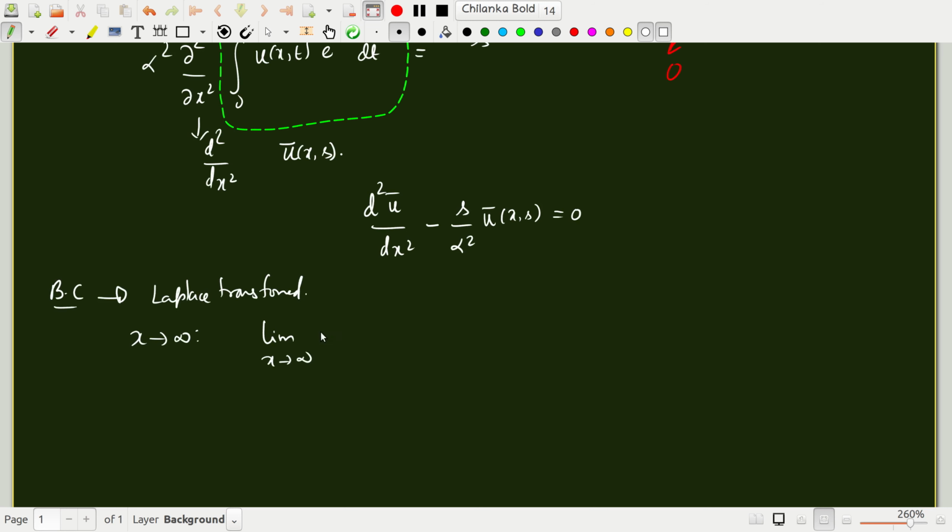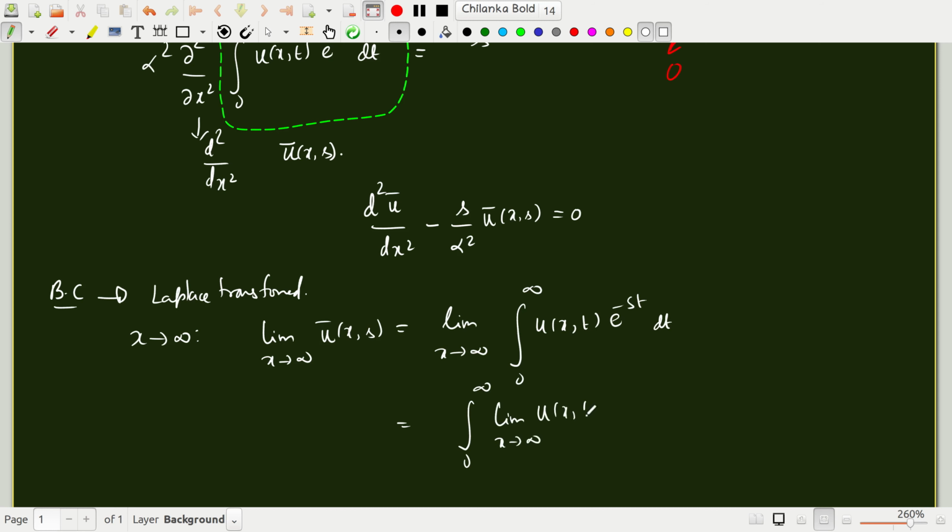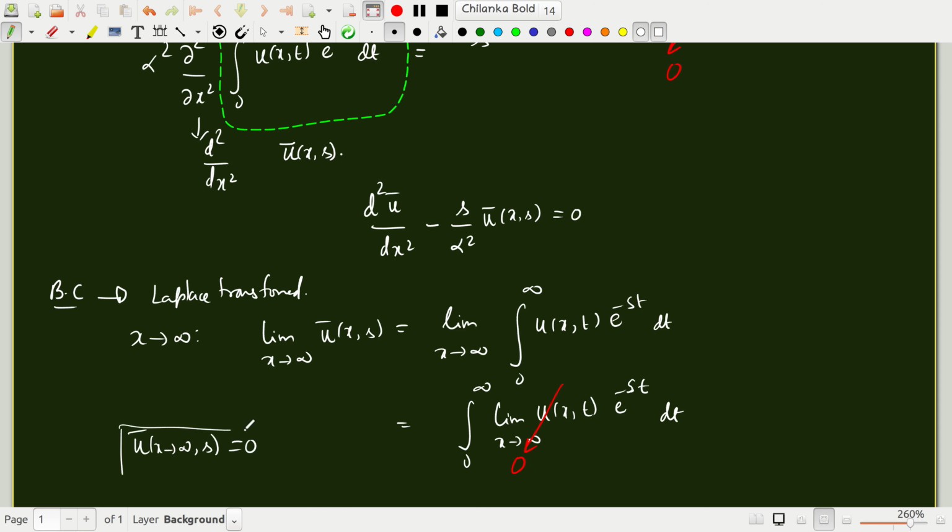The limit as x goes to infinity of u bar of x,s is nothing but the limit as x goes to infinity of the integral from 0 to infinity, and I can interchange the integral and the limit because the integral is over time, of u of x,t e to the minus st dt, and this is 0. So that means that u bar as x tends to infinity, s is 0. Okay, this is one boundary condition.